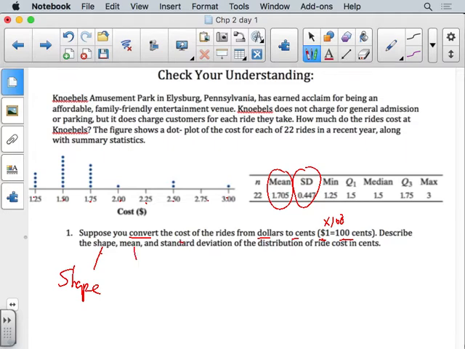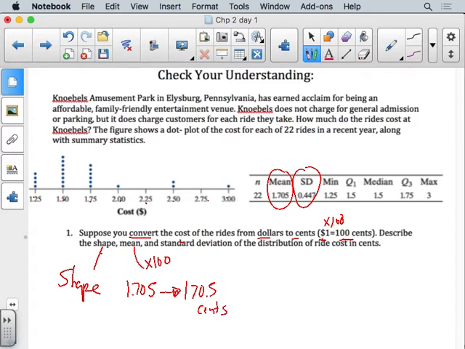The mean of the data, so the average of the data, would be multiplied by 100. And so the mean would go from 1.705 to 170.5 cents.